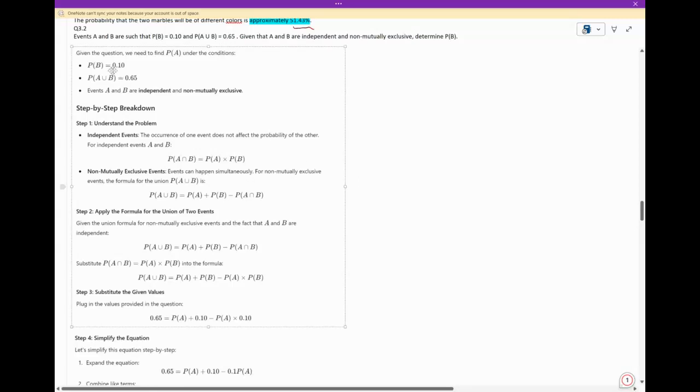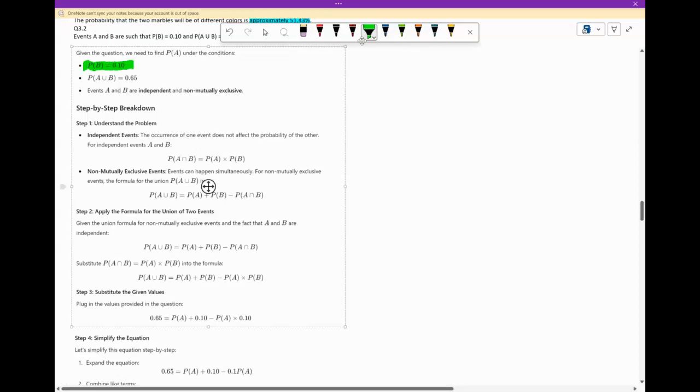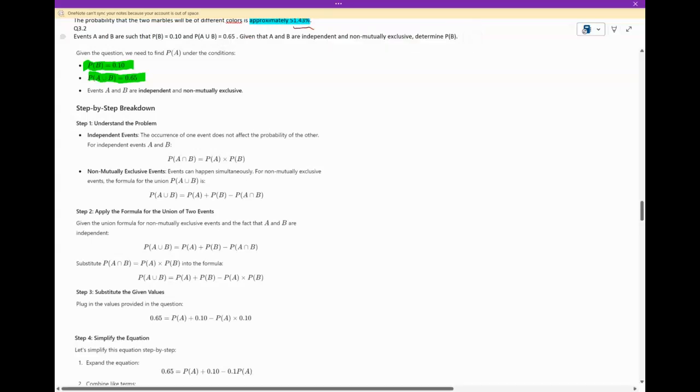So what are we given? What do we have? We have the probability of B, and we have the probability of the union of A and B. Okay, but what they want us to find is the probability of B. No, sorry.